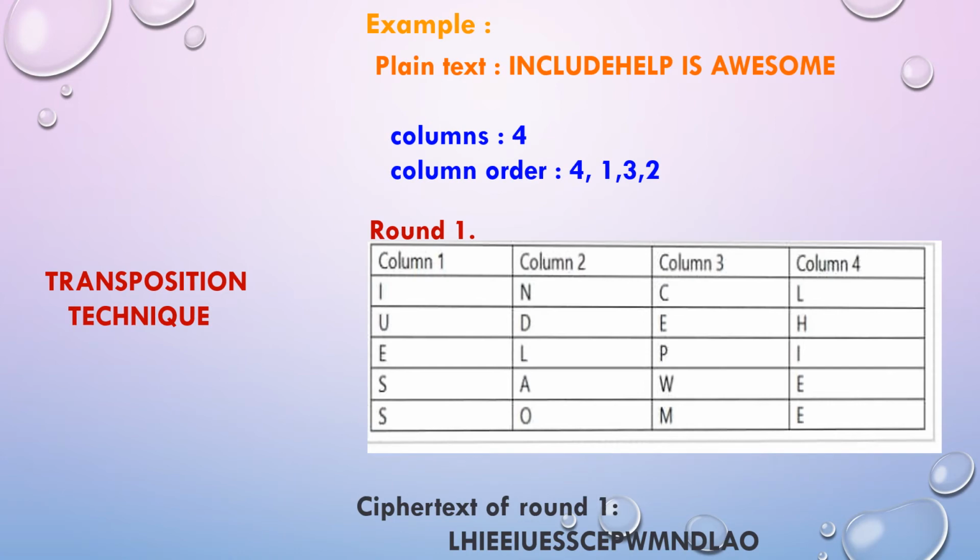Now we will see an example of the simple columnar transposition technique with multiple rounds. Now let us assume that the plain text is "include help is awesome", and we need to calculate the ciphertext using the simple columnar transposition technique.